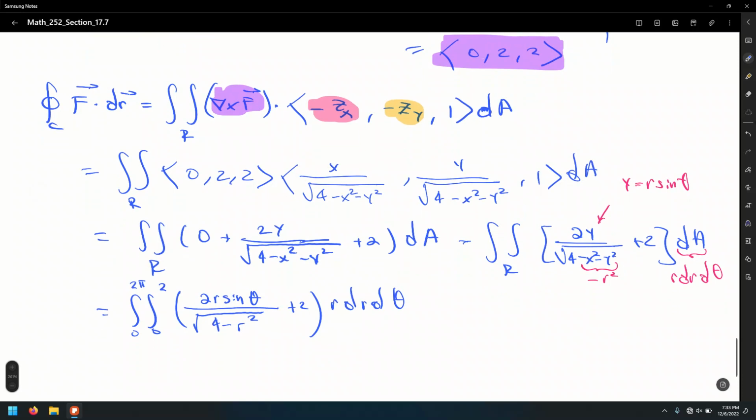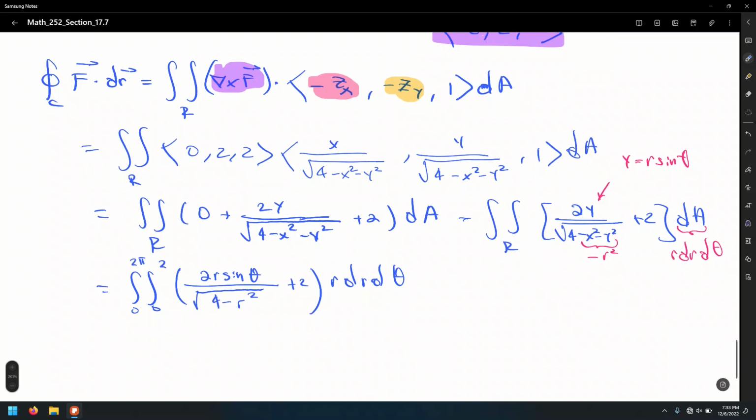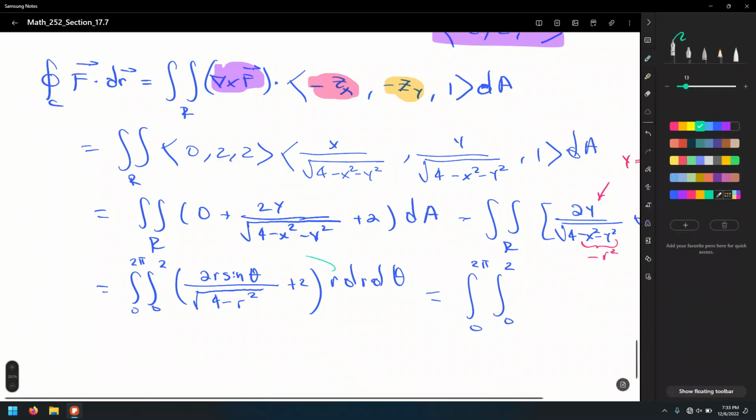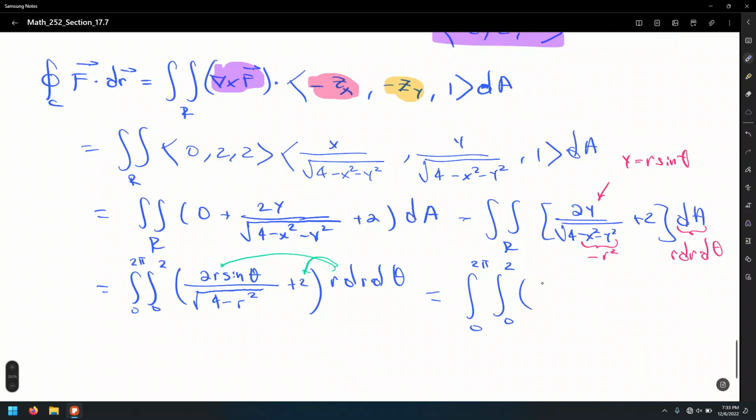Okay, let's simplify it just a little bit. So that'll be the double integral from 0 to 2 pi and from 0 to 2. Essentially what I'm going to do here is distribute the 2, multiply the r and multiply the r with the 2. So that's 2r squared sine theta over the square root of 4 minus r squared plus 2r.